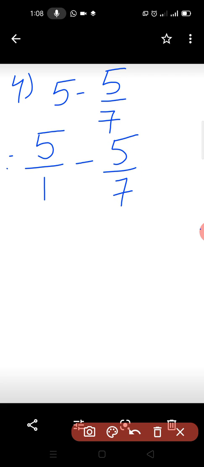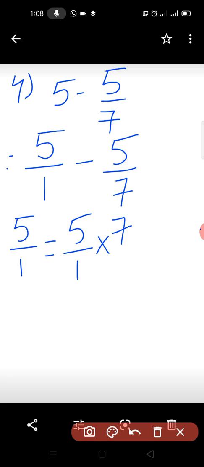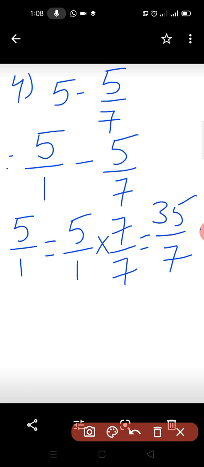Here the denominators are not the same. Then you can find the LCM. Here 1 and 7. LCM is 7. Now I am going to take the first number 5 by 1. How does it become? Numerator as 7 by multiplying numerator and denominator by 7. 5 sevens are 35 by 1 7 is 7.